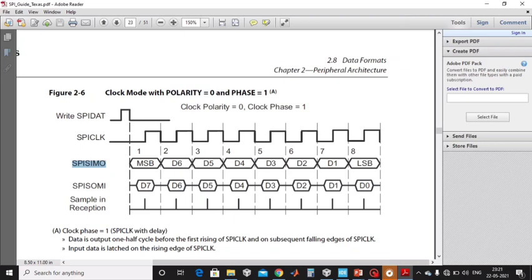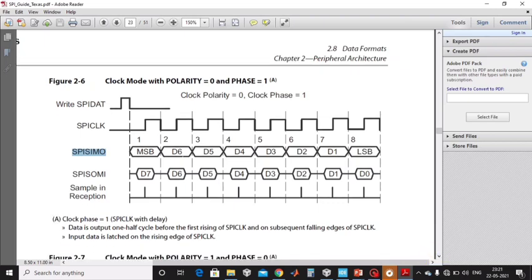So clock phase 1 means the SPI clock and master output data have a 180-degree phase shift with each other. Now some important conclusions regarding this mode, SPI mode 1. What's your input regarding the data of the master?